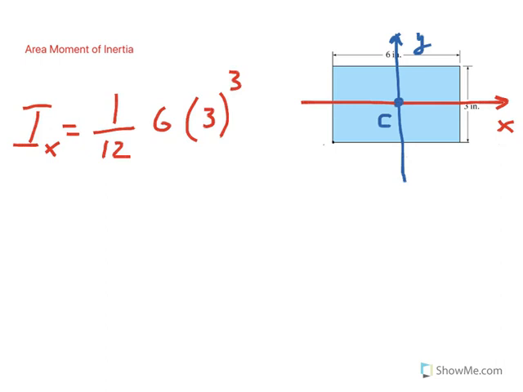On the other hand, I with respect to the y-axis would be just 1/12, and instead of 6 you have 3, and instead of 3 you have 6 cubed.